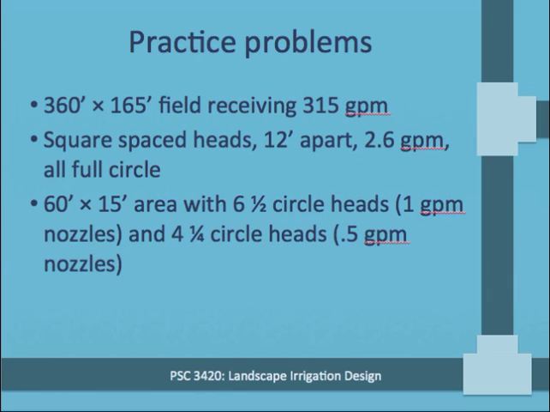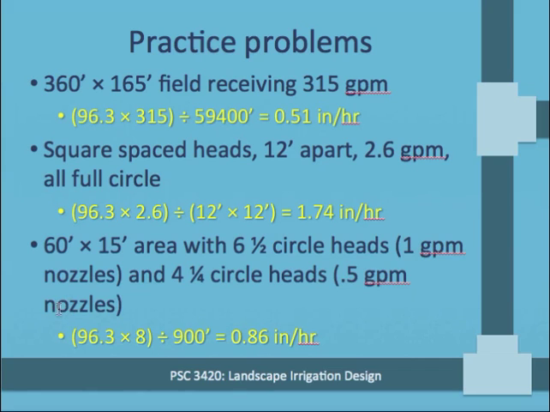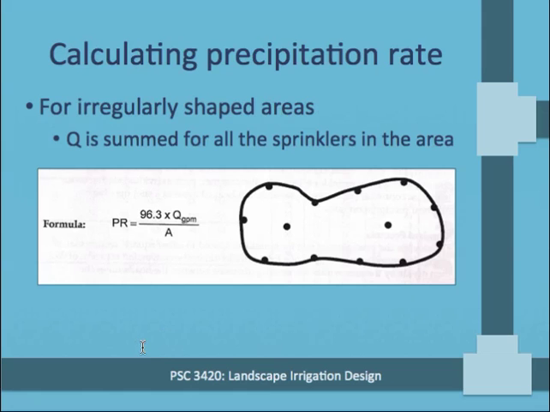So how do you then use that formula? Well, you start out again with the constant 96.3, and by the way, this constant just helps us get from the units we're working with in the problem to units of inches per hour. That's what this is about. Okay, so 96.3 times 8, and if you recall, let me back up here, in the case of an irregularly shaped area, Q is summed up for all the sprinklers in the area.